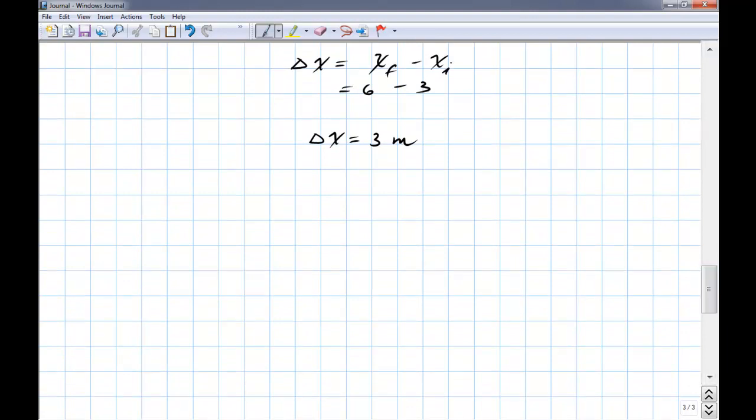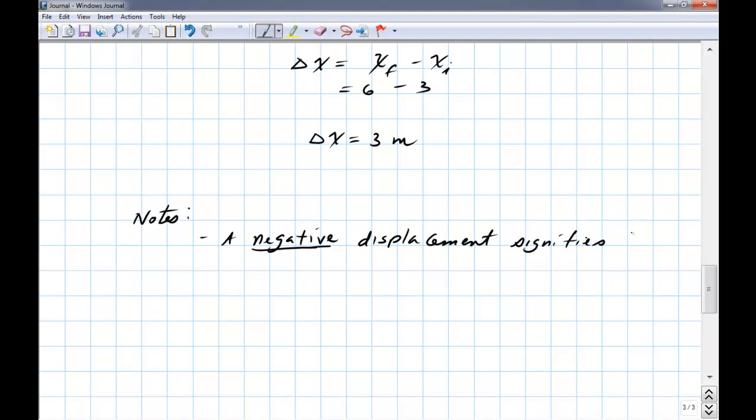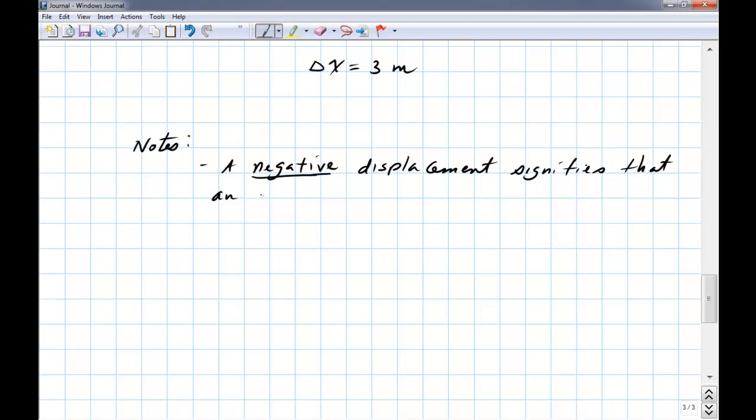There are a couple observations that I'd like to share with you. First of all, a negative displacement signifies that an object's final position is located to the left of its initial position.